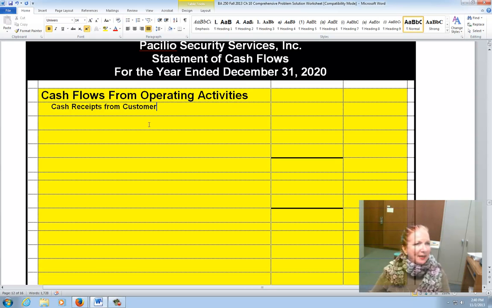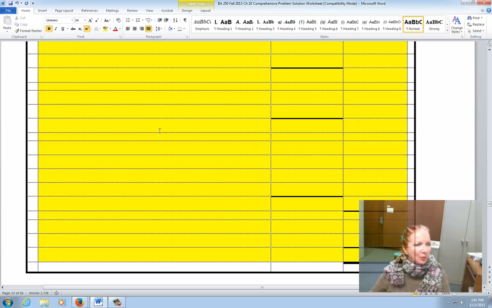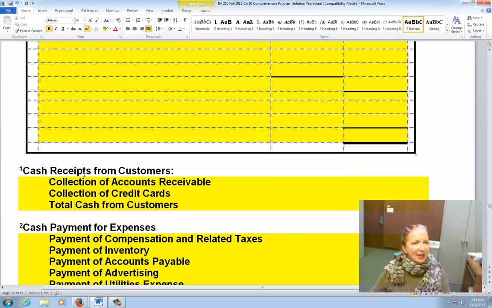And I'm going to take care of that right away because it just bugs me. And then when we see cash receipts from customers, we remember that it has that superscript 1 next to it. So we come down here and it says cash receipts from customers.